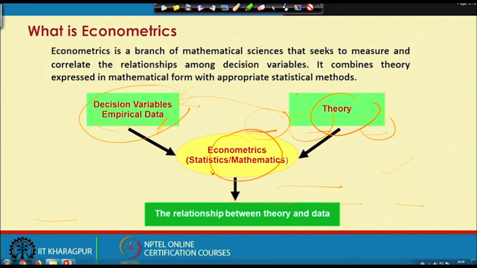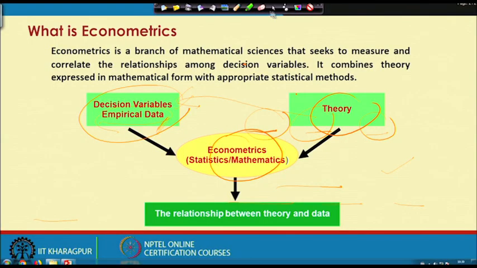And altogether it is the relationship between theory and data, and that too with the help of econometrics techniques or econometrics tools. So, this is how the structure is.